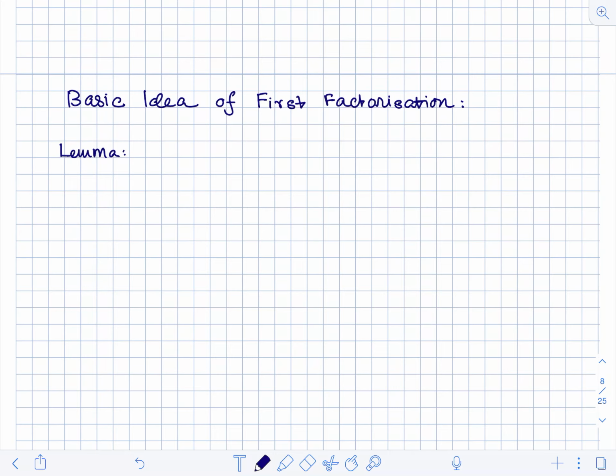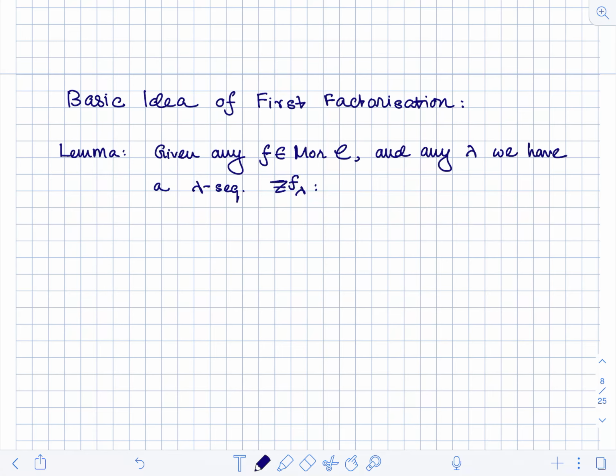What this lemma says is that given any morphism and any ordinal, we have a lambda sequence and a natural transformation from ZF to Y, which is the constant lambda sequence.